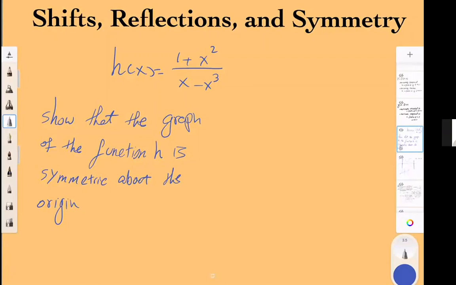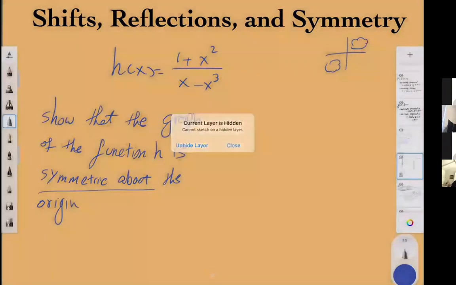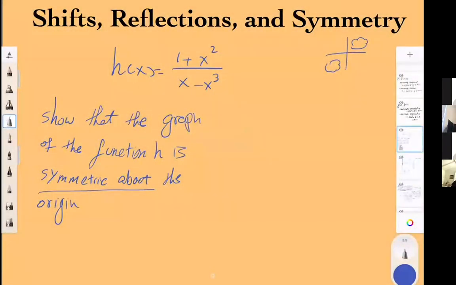So it's asking, it wants us to show that it's odd. Beautiful, very nice. If we graph it, and they said show symmetric about the origin, that means whatever is happening here has to happen there. If you connect it to this and continue, that means it's symmetric to the origin.